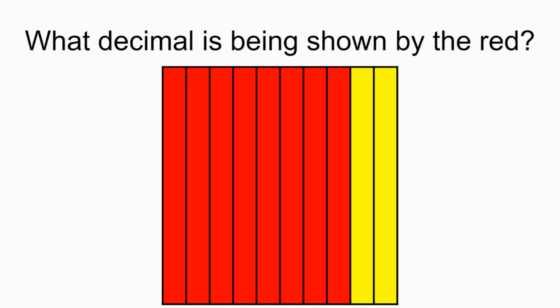How about right here? What decimal am I showing you here with this model? And on this one, I am modeling 8/10. 8 of the tenths are shaded red, and 2 are not shaded.